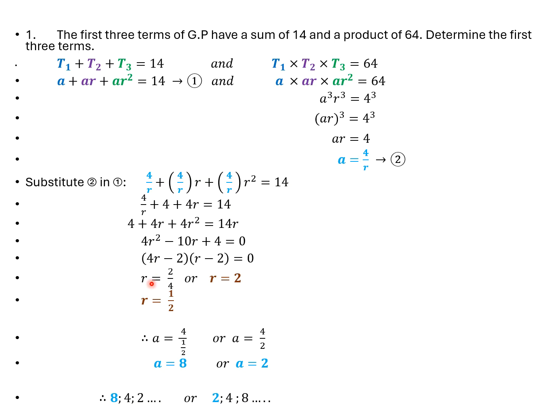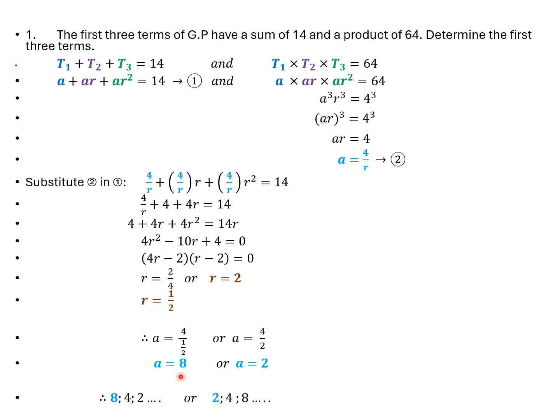So r equals, if I take 2 across, positive 2 divided by 4, or r equals positive 2 if I take minus 2 across. So r equals a half, or r equals 2. Therefore a equals 4 divided by half, or a equals 4 divided by 2. 4 divided by half is the same as 4 times 2, which gives me 8, and 4 divided by 2 gives me 2.